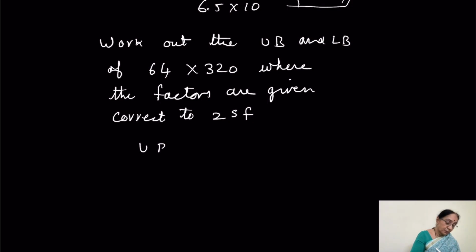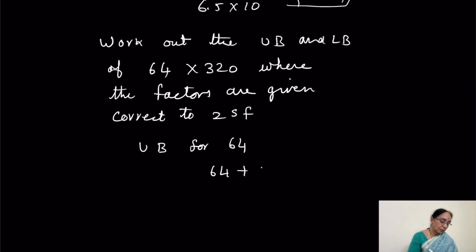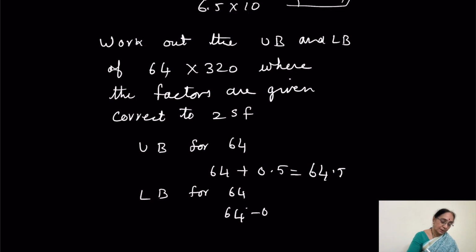So upper bound for 64. That would be 64 plus, what do I add here? 0.5. So 64.5, and the lower bound for 64 will be 64 minus 0.5, that is 63.5.